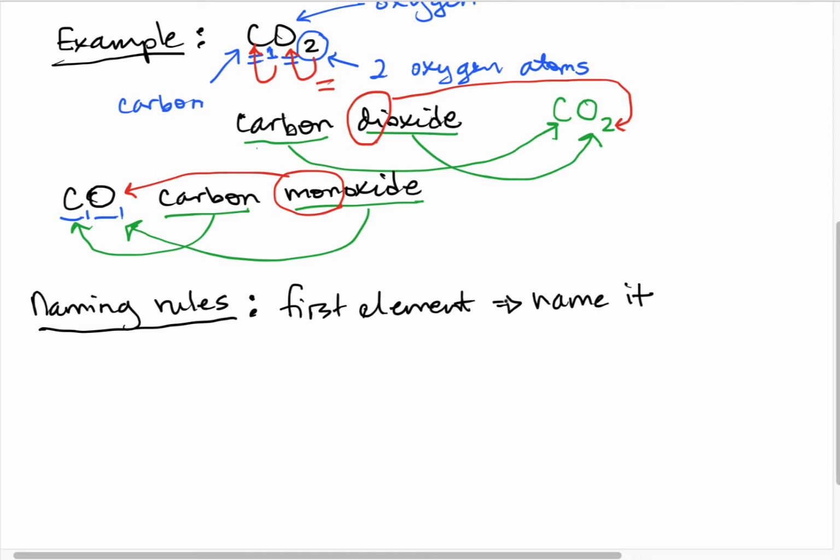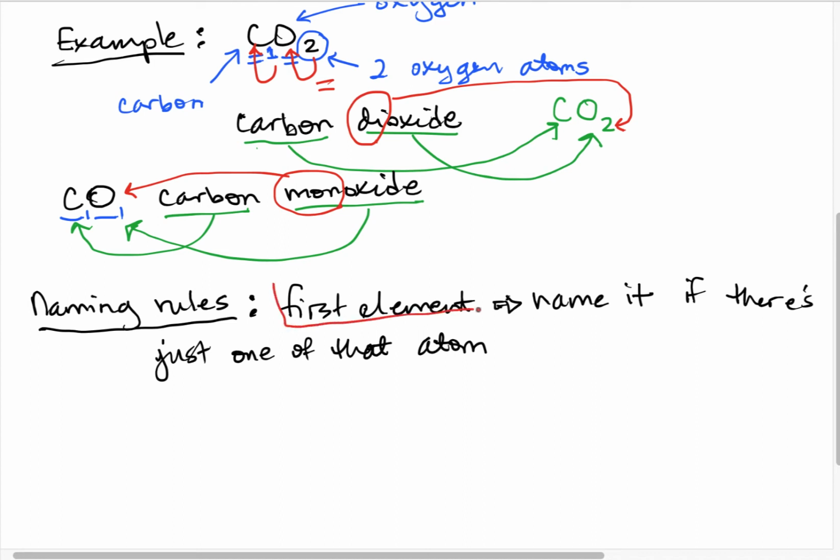And we're going to have a slight modification here if we have more than one of that first element. So I'll just put that note here. Most commonly, we'll end up with just one element of those first. So we're just going to name it if there's just one of that atom. So here's for our first element out of 2.